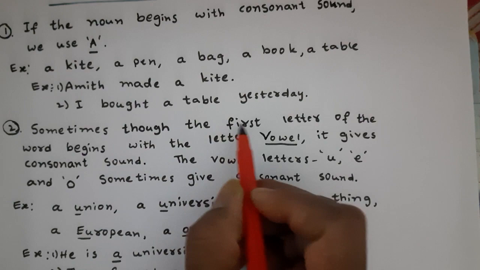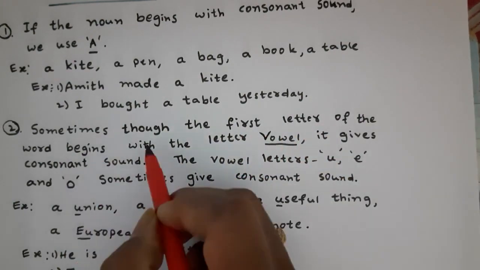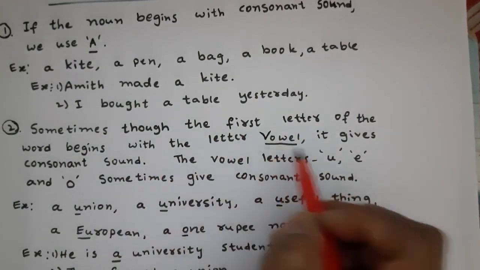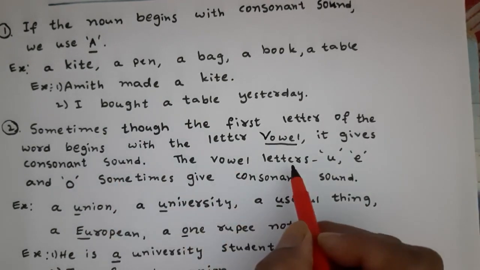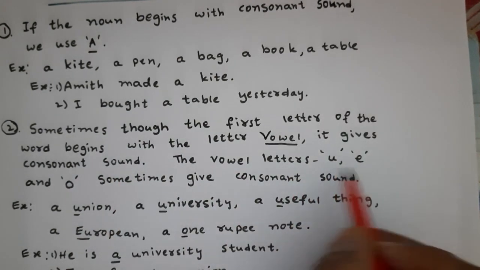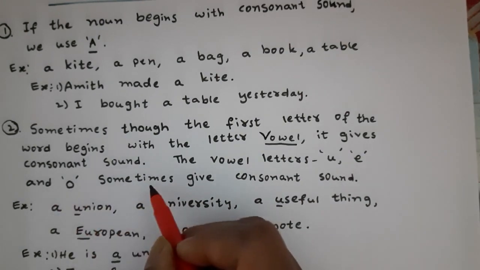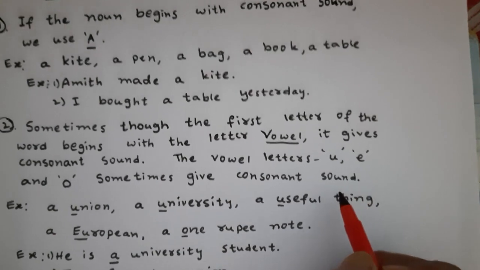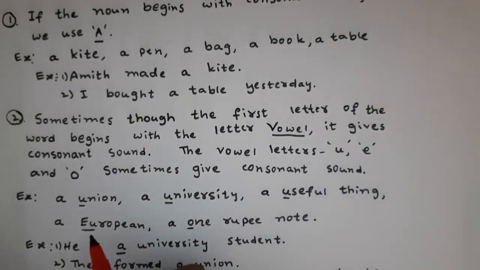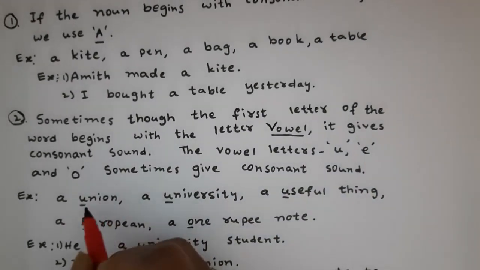Second rule. Sometimes, though the first letter of the word is a vowel, it gives a consonant sound. The vowel letters U, E and O sometimes give a consonant sound. Listen carefully. Here you observe this word, union.